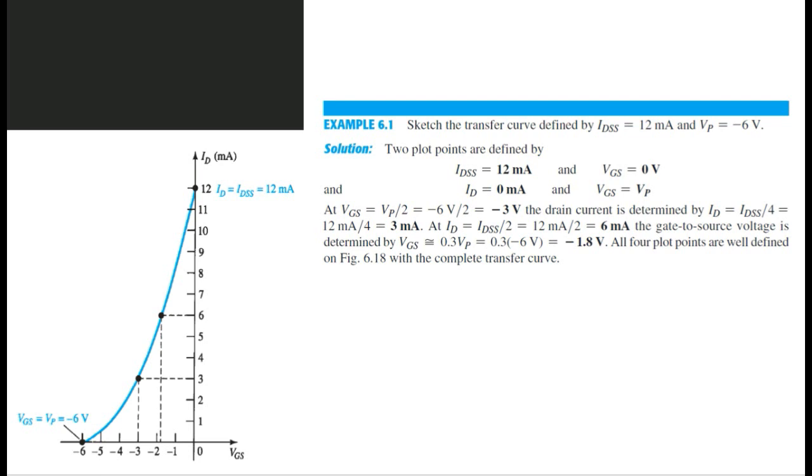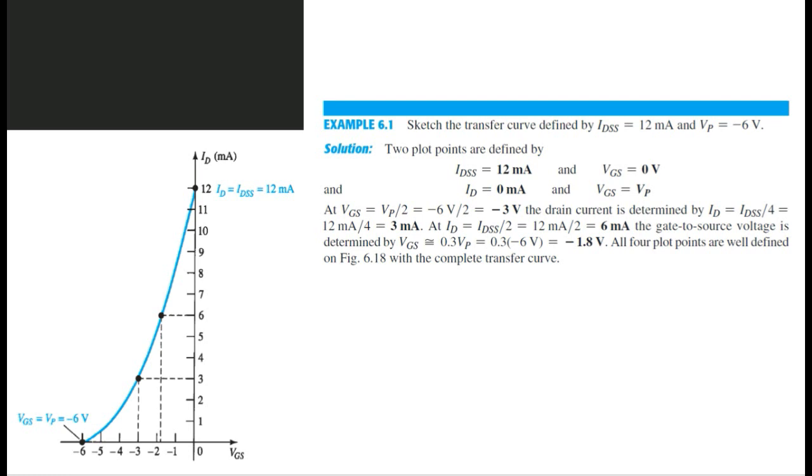We need to plot the points defined by this. If IDSS is equal to 12, it is the maximum current, and then VGS should be 0. If ID is equal to 0, then VGS is equal to VP. So according to this equation, we can make this curve easily.